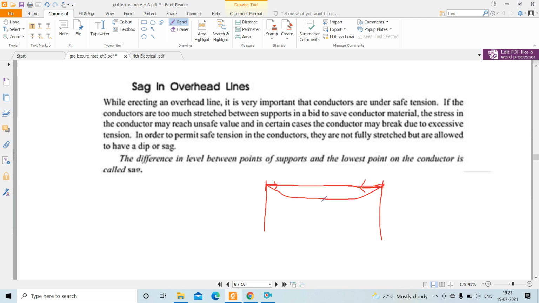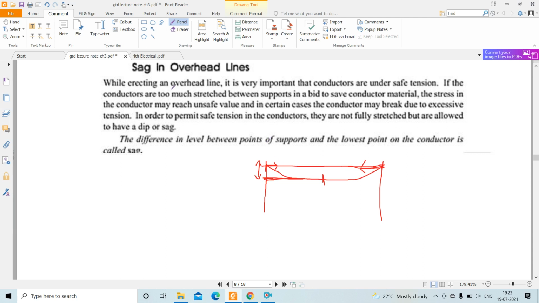If this is the lowest point, this distance is known as the dip or sag. The difference in level between the points of support and the lowest point on the conductor is called sag. This is the point of support and this is the lowest point of the conductor. The difference between these two points is called sag or dip.